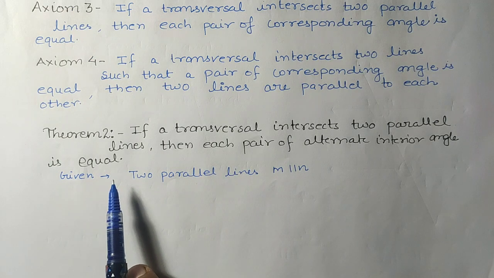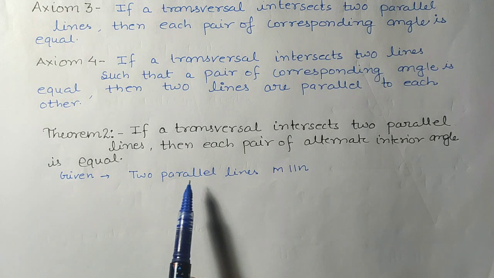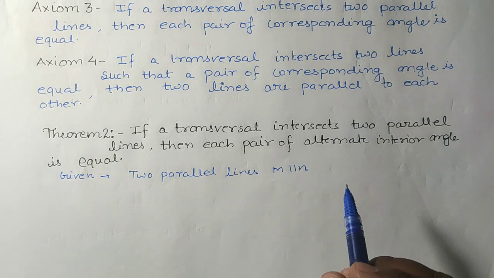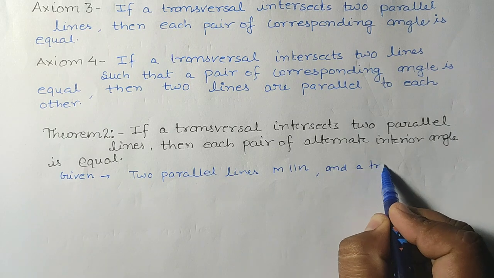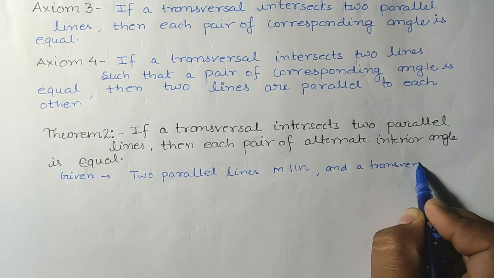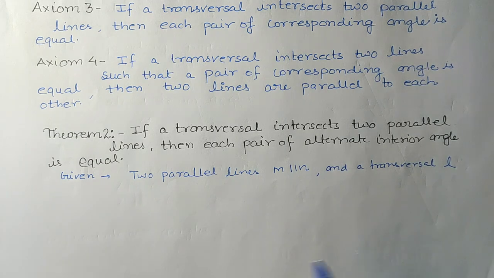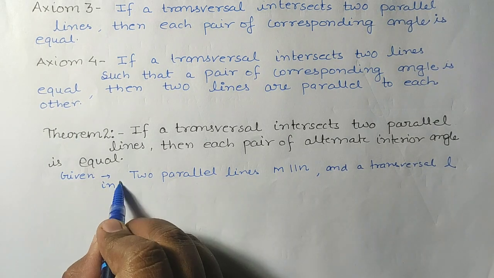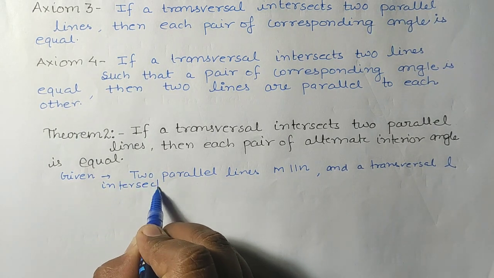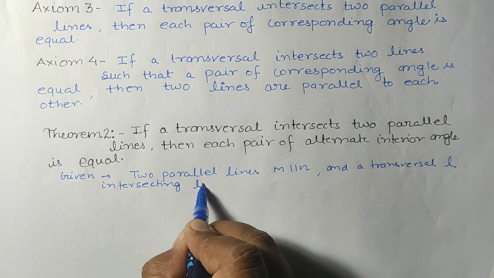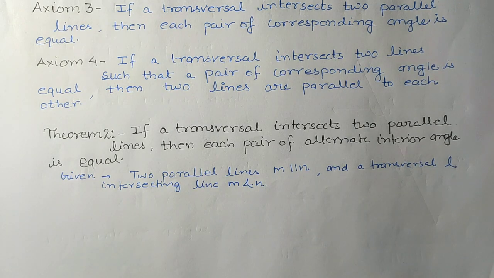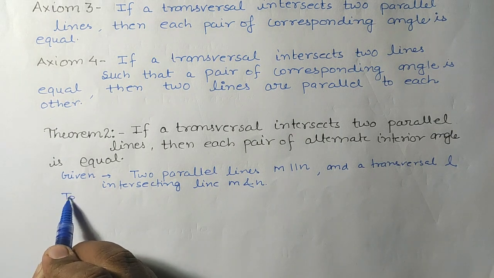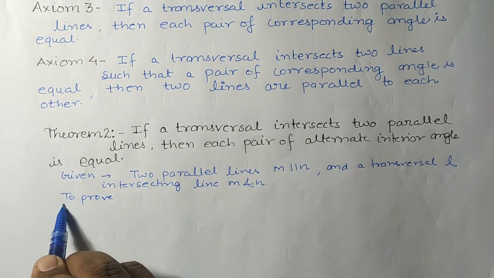So firstly we'll see what is given here. It is given that two parallel lines M parallel to N and a transversal L intersecting lines M and N. What is to prove here?